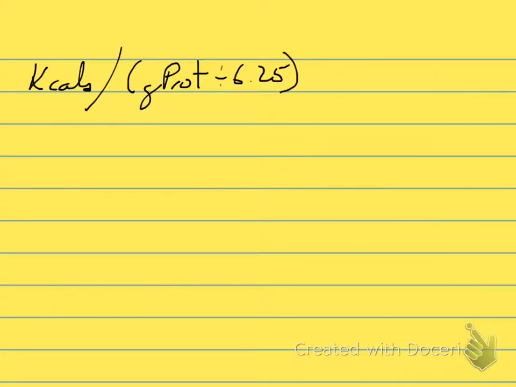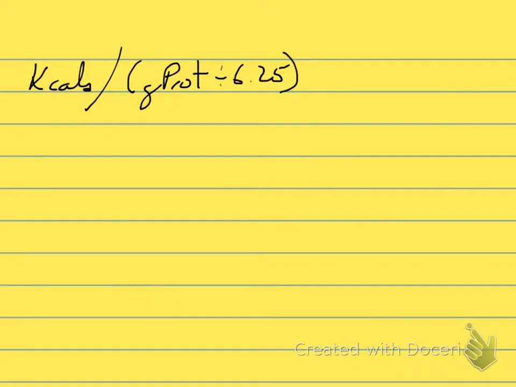And again, the rationale for dividing by 6.25 is by weight, protein is 16% nitrogen. So if you take a number and multiply it by 16%, that's the same thing as dividing by 6.25. So you can do this either way. 6.25 is just what I learned first, so that's what I tend to use.